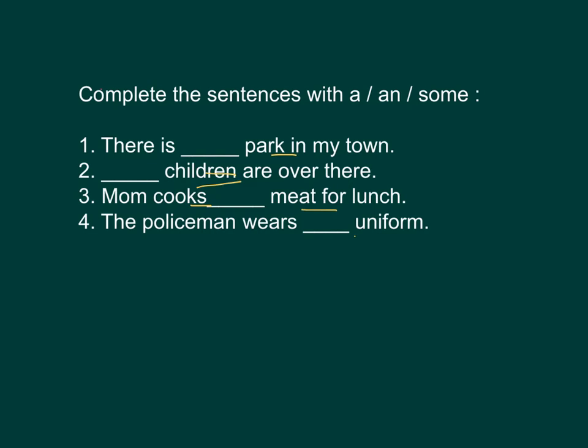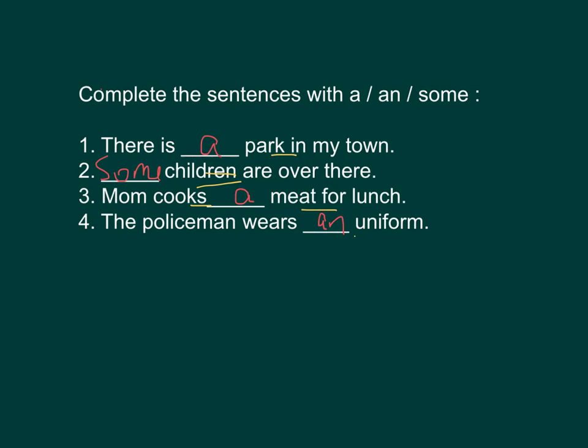Okay, so let me give you the answer. So first of all, a park. A park. Second, some children. Number 3, a meat. And number 4, an.